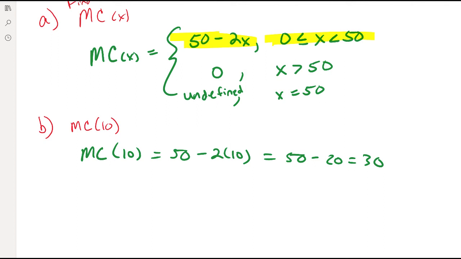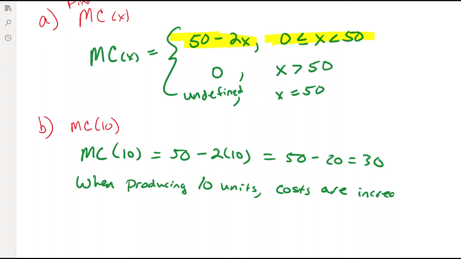And let's go ahead and interpret that. When producing 10 units, our costs are what? Increasing or decreasing? Our costs are increasing because our derivative is positive, at a certain rate.